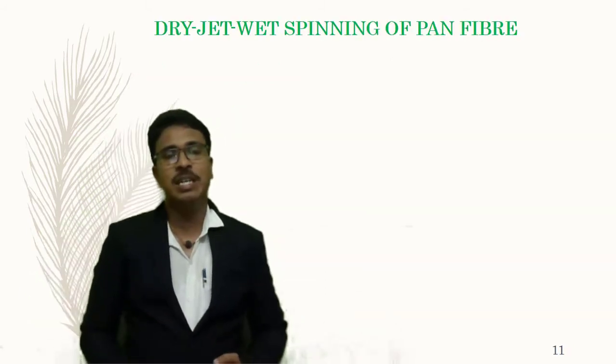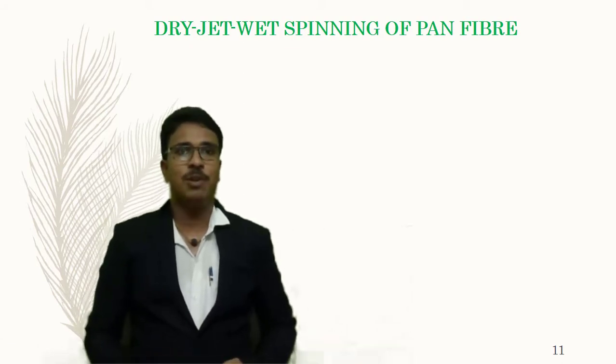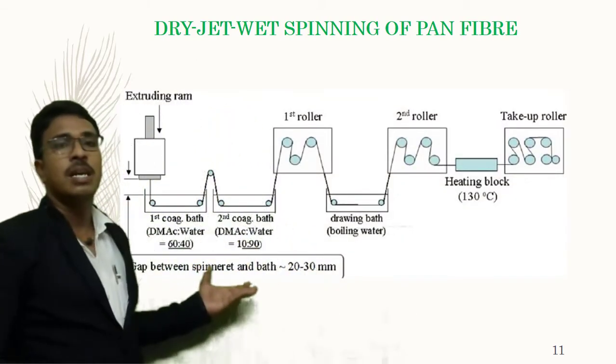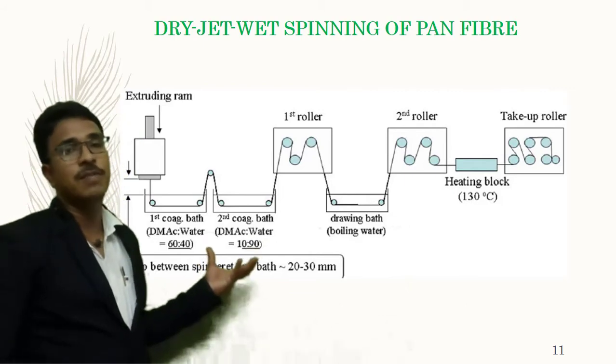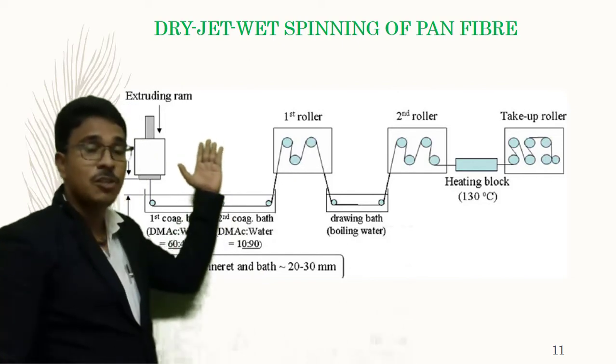Discuss how these polyacrylonitrile fibers, that is nothing but acrylic fibers, are produced through this dry jet wet spinning process. So now you can see the entire line of producing acrylic fibers through this dry jet wet spinning process. Now you can see here where we are doing the preparation of polymer solution.